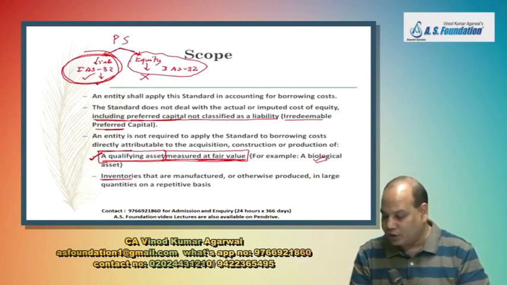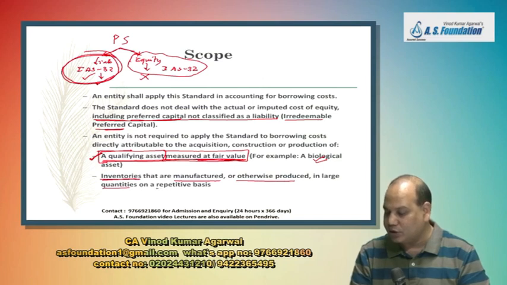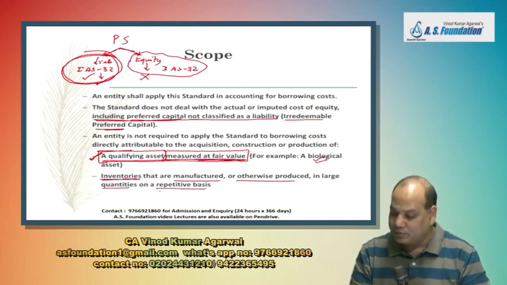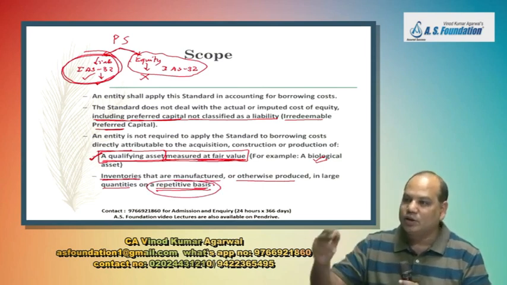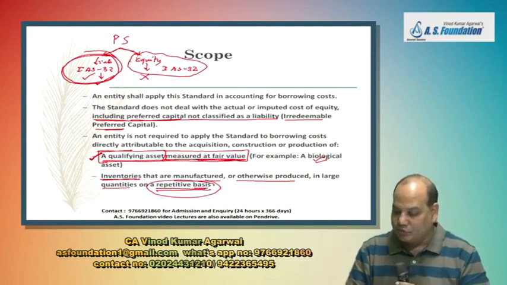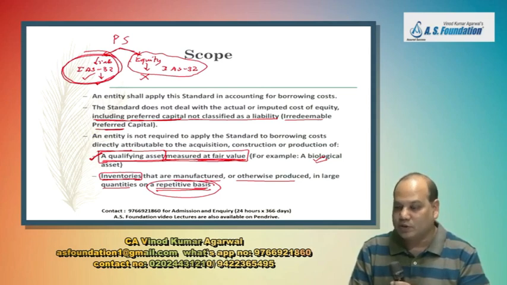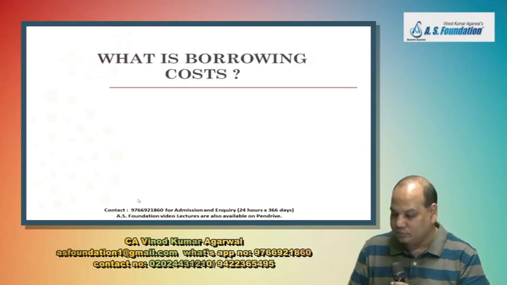So the standard is not applicable to those type of inventories which are manufactured or produced in large quantity on a repetitive basis. Repetitive basis means that is the nature of their business. Continuously there is a production. So in that case, the standard is not applicable.